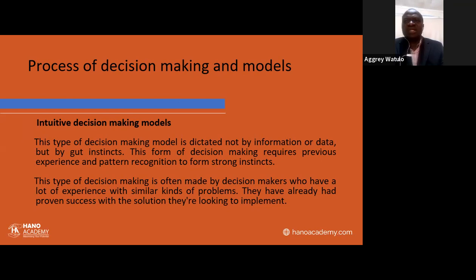Intuition is about the thinking capacity, the reasoning. And the experience gives people that impetus to solve the problem. And that's why it's called the intuitive decision-making model. So this is a model used by people who have had experience to solve some problems or some issues in an organization.